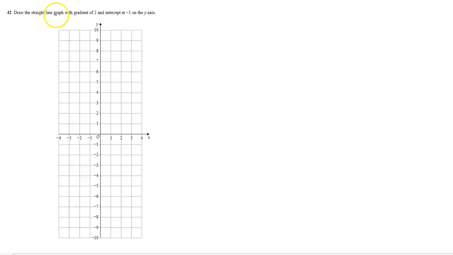Draw the straight line graph with a gradient 2, m is 2, and the intercept on y-axis, we call it c, is -1. We know that equation of line is y is equal to mx plus c.